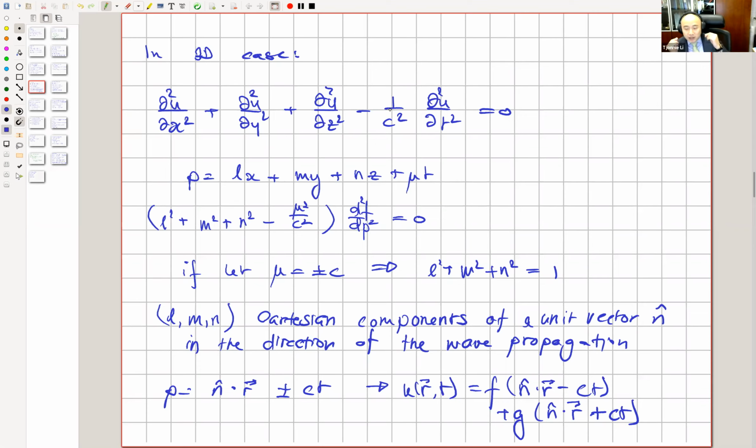For the level of this course, I would say mu naught and epsilon naught are experimentally verified values, right? And they are experimentally verified constants.